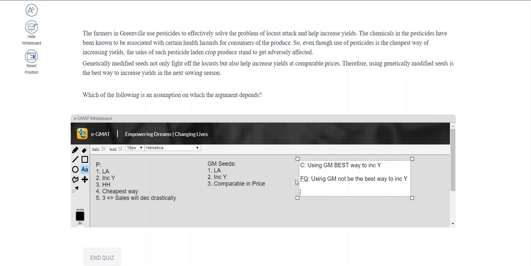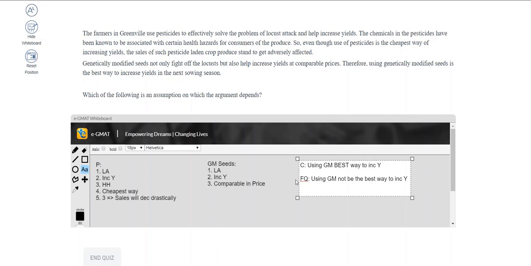Now, the author has talked about the negative impact of pesticides, but what if genetically modified seeds are either equally bad or even worse as far as the health impact is concerned? So if that is true, then your conclusion would break. Using genetically modified crops would be even worse, or at the very least as bad as pesticides.